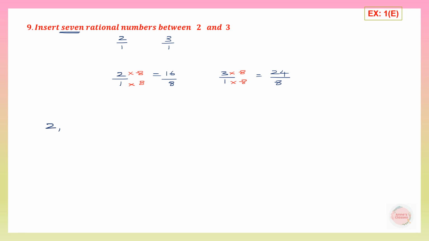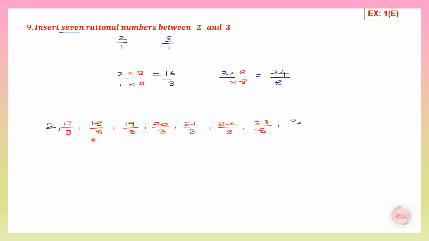Then we can write what comes after 16 by 8, that is 17 by 8, 18 by 8, 19 by 8, 20 by 8, 21 by 8, 22 by 8 and 23 by 8. Okay, because we stopped just before 24 by 8. Now let's write the question also that's given, that is 3. So here we have all 7 rational numbers between 2 and 3.